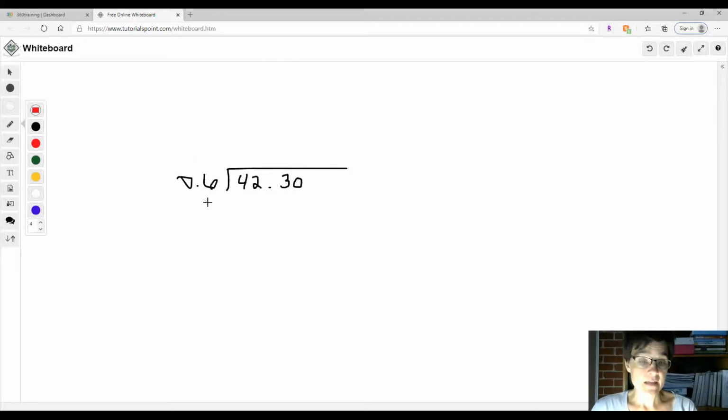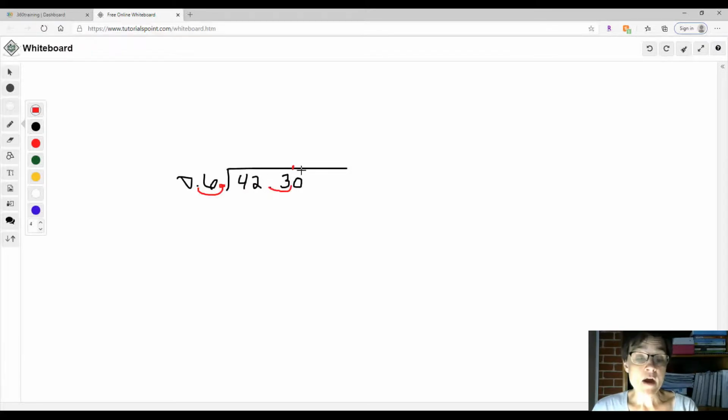If the number outside the box has a decimal, move it until it's a whole number. So that means we just have to move it one time. So now instead of 6 tenths, we have just 6 whole. Okay, but whatever happens out here, you've got to do the same in here. So if you move it once to the right here, then we've got to move it once to the right here. And then you bring it up right there.